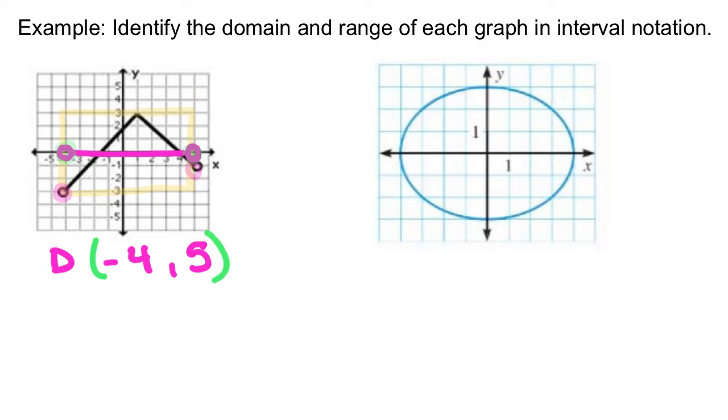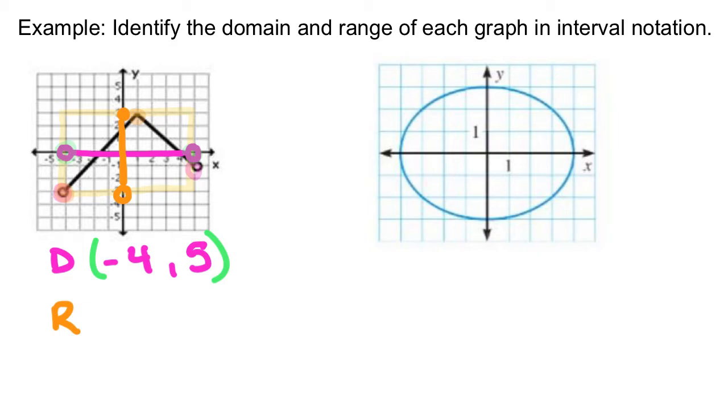Then for the range, my lowest possible value is given by this open circle. I would have an open circle here. And the highest possible value is right here. And it doesn't include a point, however, we can assume it includes that value because it's a straight line. So I could include a point at 3 and it's these values between.